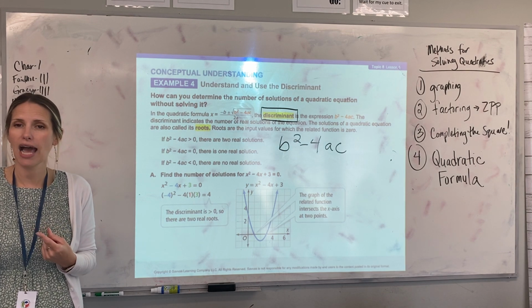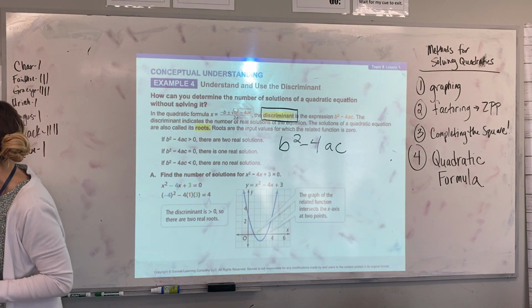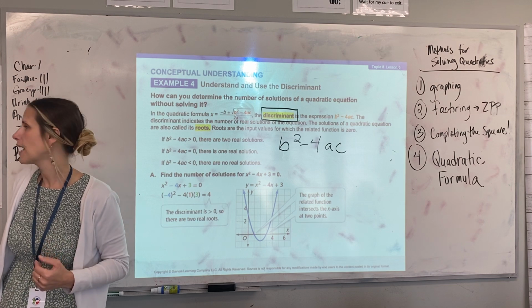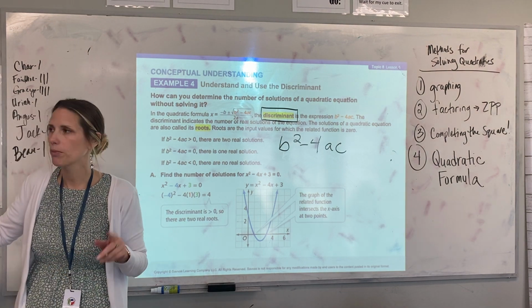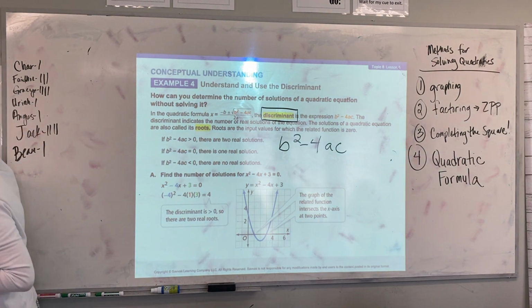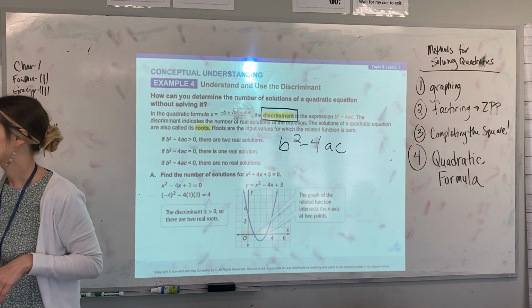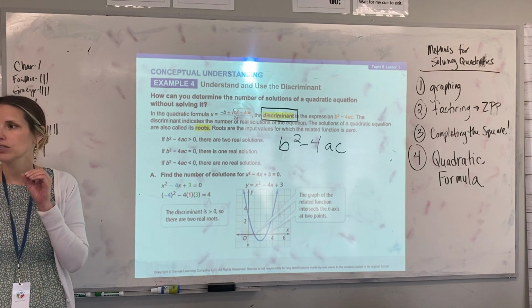It will tell us if it has two solutions, meaning the parabola intercepts the x-axis in two places. It will tell us if it only has one solution, intercepting the x-axis in only one place. Or it'll tell us if it has no solutions, not intercepting the x-axis at all. That discriminant will tell us how many solutions.